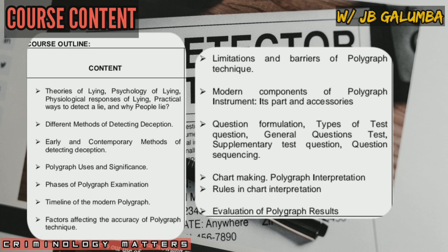The next topic is the different methods of detecting deception. We made mention of some of them already. We have the use of a machine, the polygraph machine, that's polygraph examination. We have the use of some mind-altering drugs, which in movies is sometimes called truth serum.